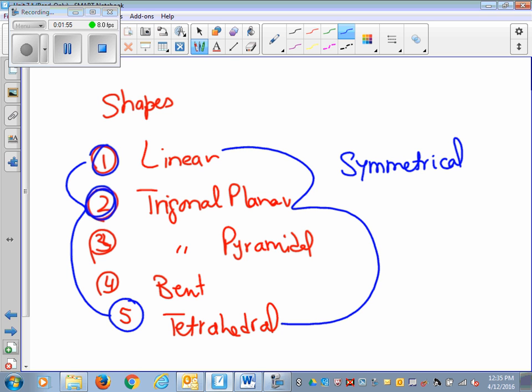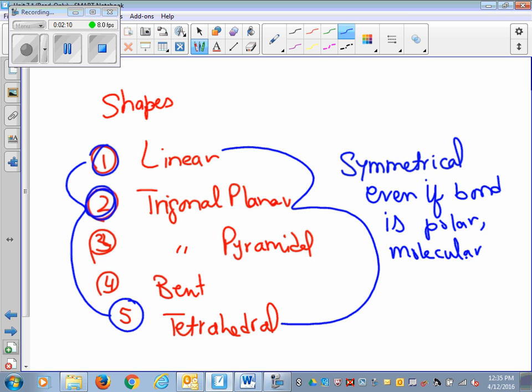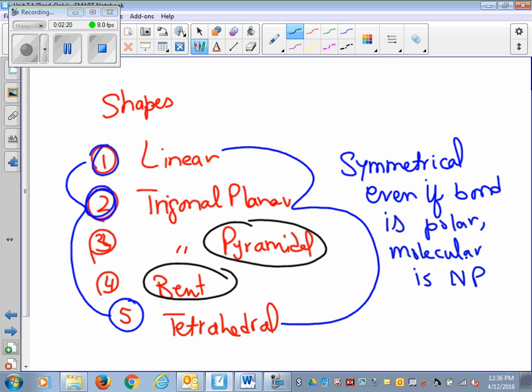When the molecule has one of these shapes, even if the bond is polar, the molecule will be non-polar. Keep that in mind. But the other 2 shapes, trigonal pyramidal and bent, will always be polar, even if the bond is not polar.